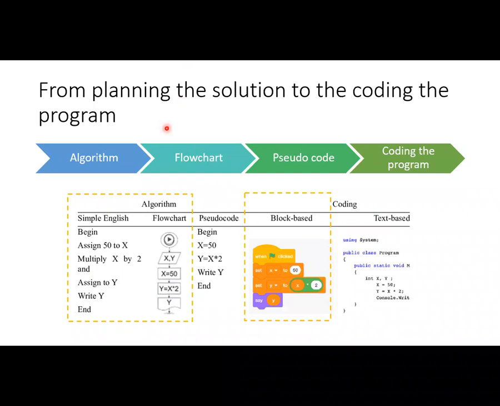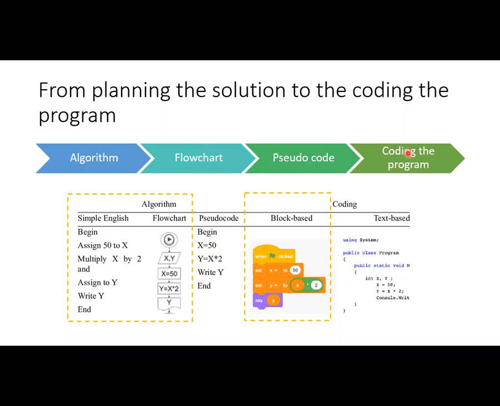Now this is our part A, from the plan to the solution, and we discussed the last step, code in the program. First, we need to design an algorithm. Then we represent it using an algorithm, or we can use pseudocode, but we don't discuss that here.